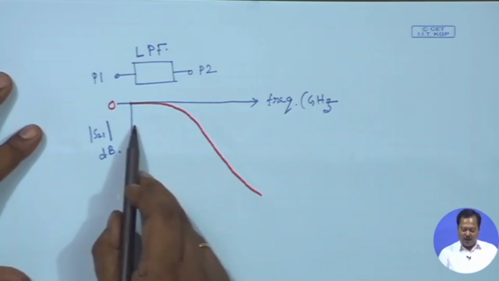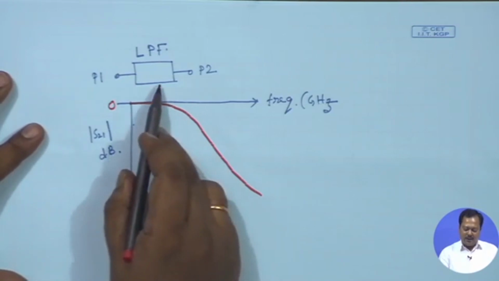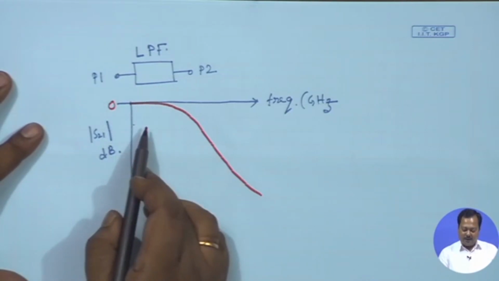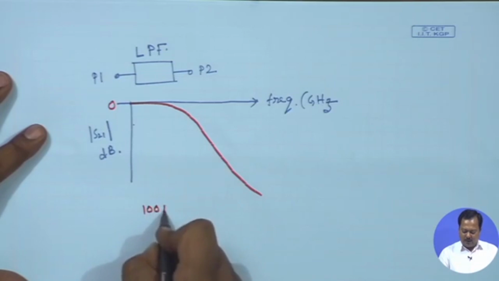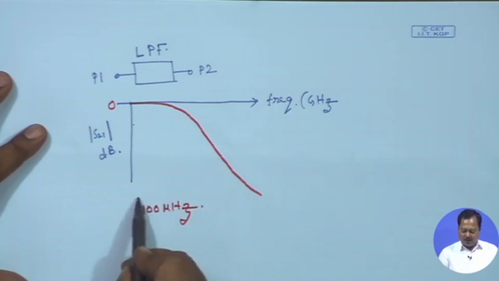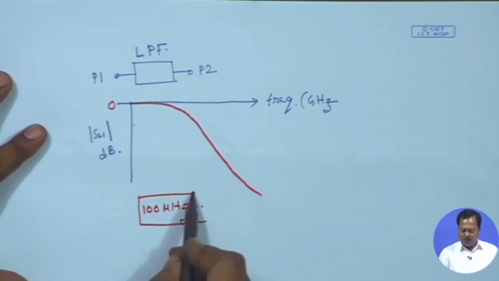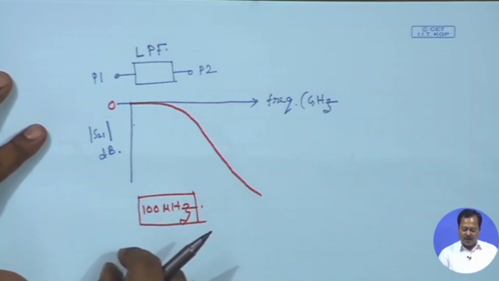Now, how to define the cutoff frequency? Let us say I am using this low pass filter to separate the IF, and my IF requirement is a minimum bandwidth of 100 megahertz. Whatever signal we have is in this 100 megahertz, and we do not want any attenuation for this signal.